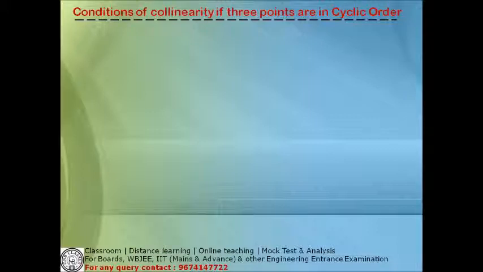Now, if the 3 points are cyclic, that is, if the 3 points are something like this, I'm writing, let us say, the 3 points: a over a minus 1, (a square minus 1) by (a square plus 1). These are the 3 points which are given. It's b over b minus 1, (b square minus 1) by (b square plus 1), and c over c minus 1, (c square minus 1) by (c square plus 1).